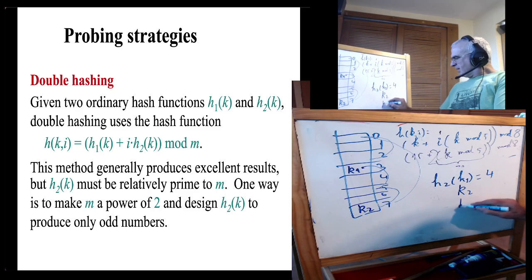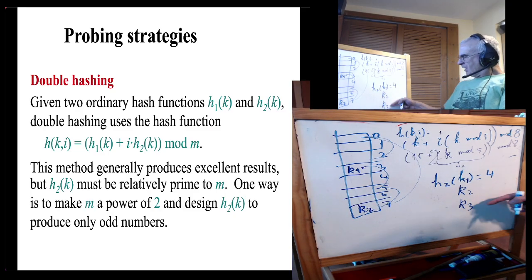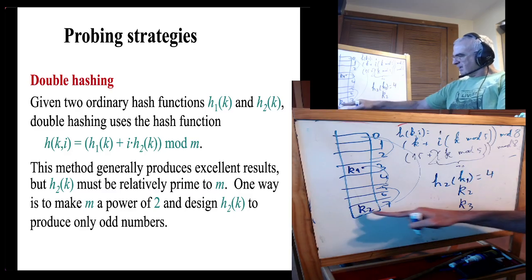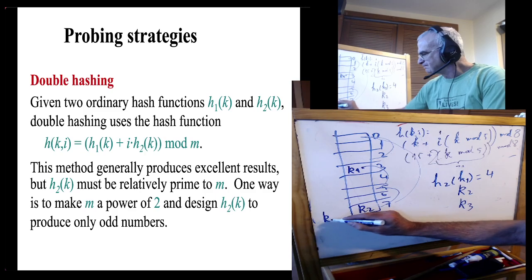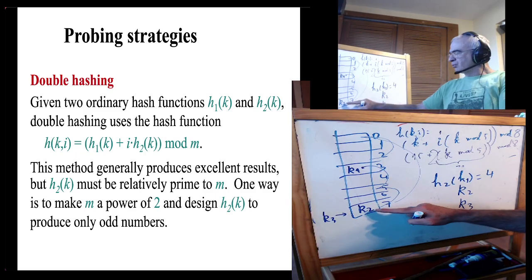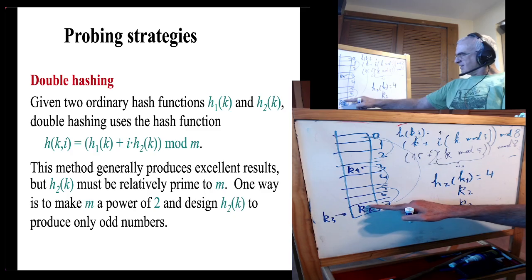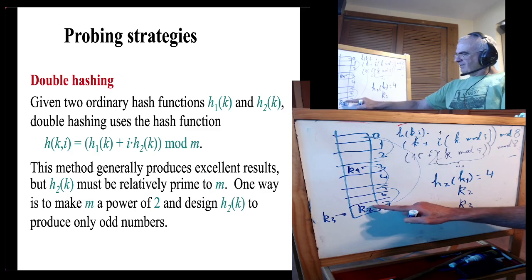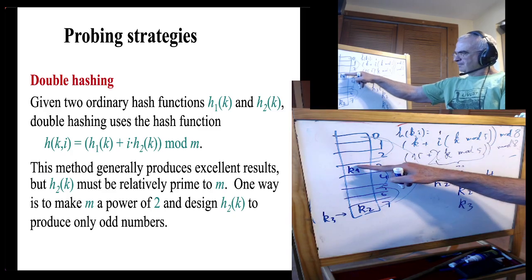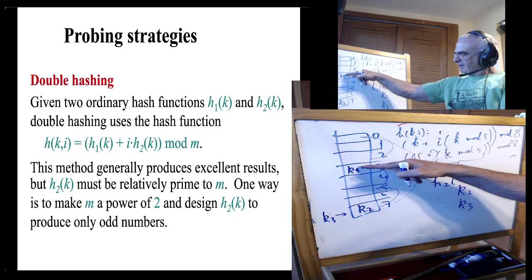But now I'm inserting k3 that collides with either of them. My first attempt with k3 would be to insert it right here, occupied. So my next attempt would be in the same place plus 4. 7 plus 4 is 11. Modulo 8 brings me to 3, but k1 is living there.